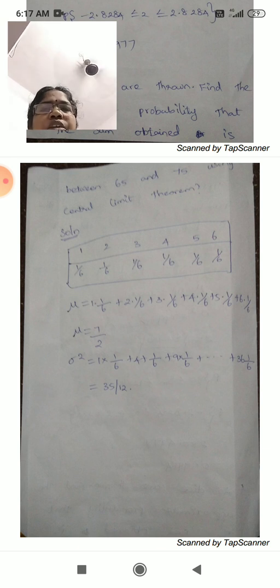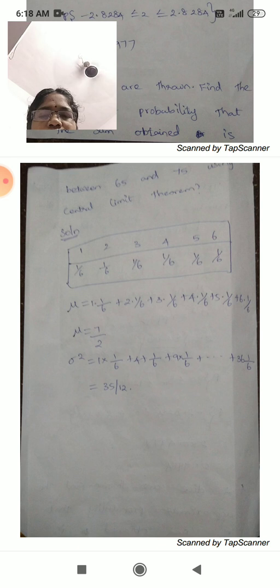And then for sigma squared, the formula uses summation x squared into p of xi. Here we have to find x squared. Therefore 1 squared into 1 by 6 plus 2 squared into 1 by 6 plus 3 squared into 1 by 6 plus 4 squared into 1 by 6 plus 5 squared into 1 by 6 plus 6 squared into 1 by 6.